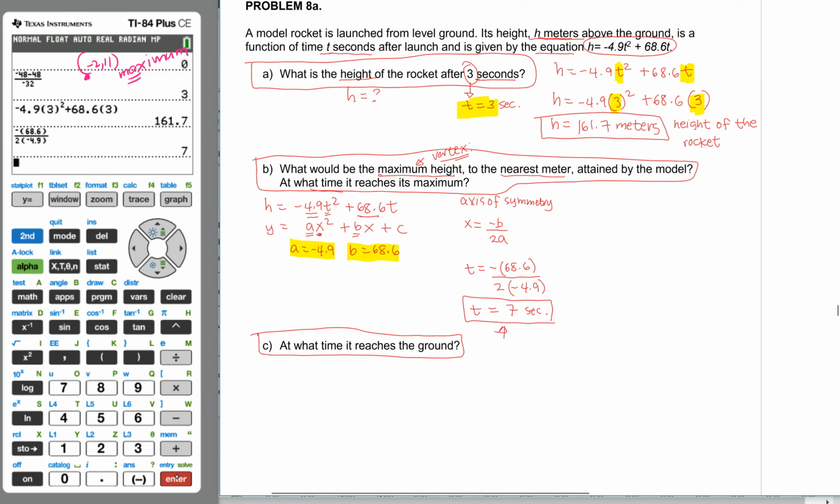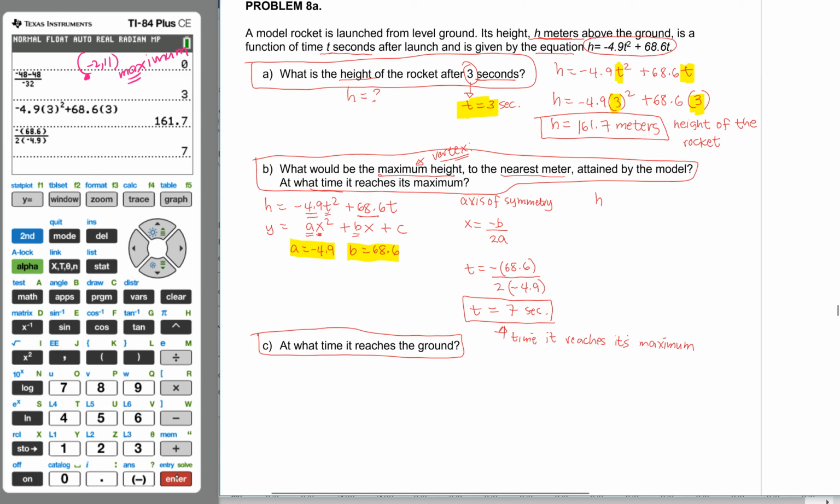it reaches its maximum. Now let's find h. So h is just plug in.